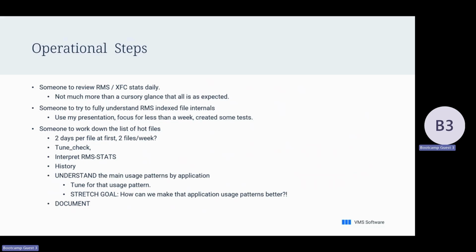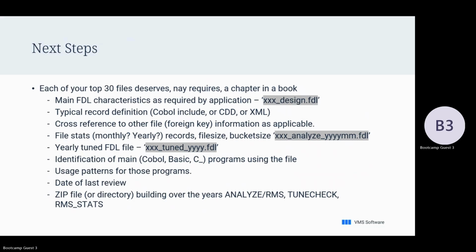Why do I have to find the right guy in your operations that knows all this stuff? It should be documented, right? That's what I want you to do: document those damn files. That's my talk.